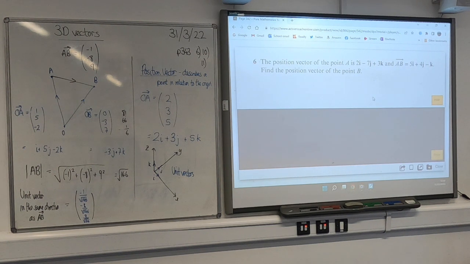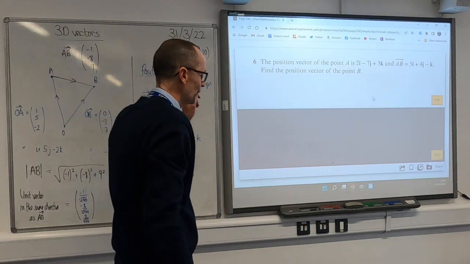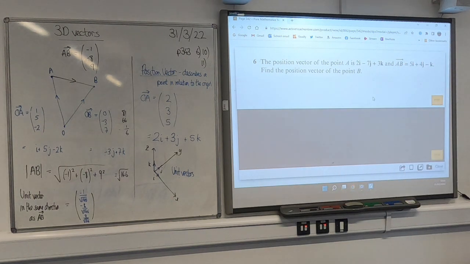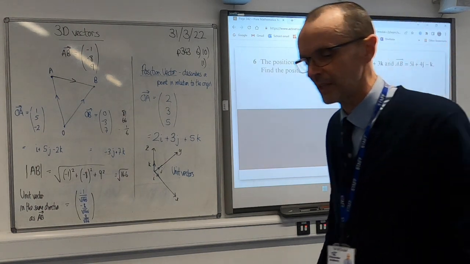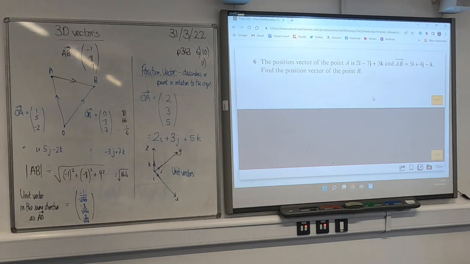Three, 4, 2 in the textbook version. 3, 4, 2 in the paper version. I don't know why there's a difference there. Start with just a sketch. Don't make any attempt to get it right, but you just need an O, an A and a B.